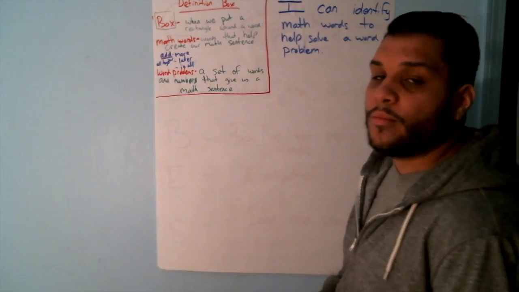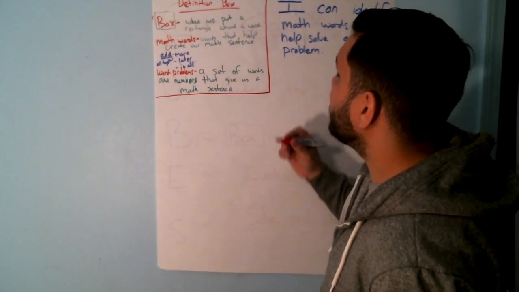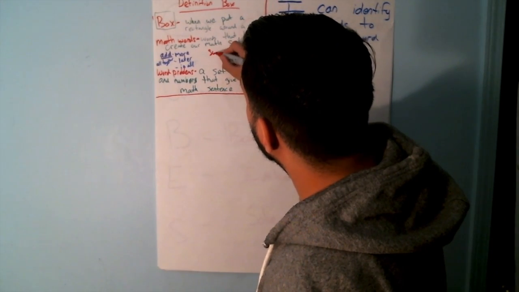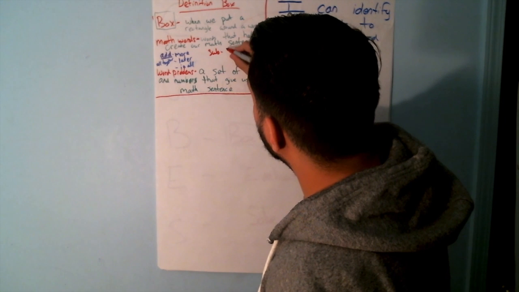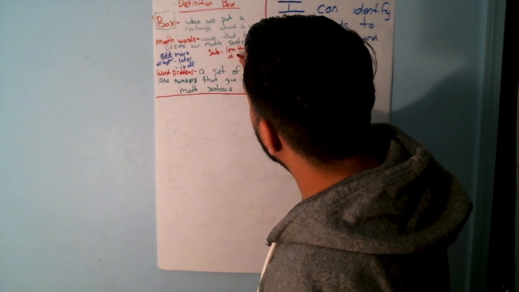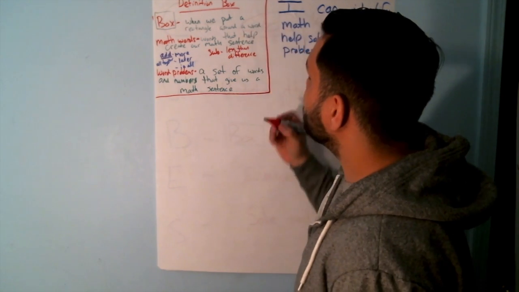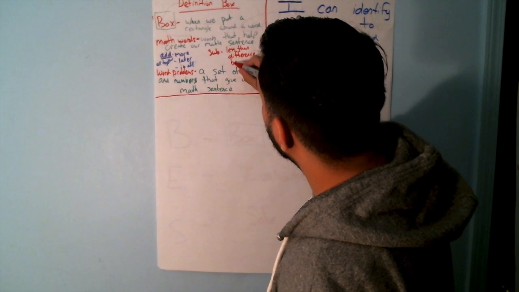And there are a few more, but today we're just going to focus on those. Subtraction we'll write in red. So some subtraction words are less than, difference, and when we're talking about time, we can say before.